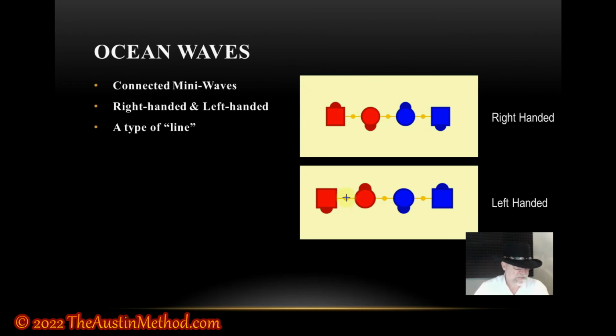This is a left-handed ocean wave because the dancers are connected in their mini waves by left hands. An ocean wave is a type of line, and the way you can recognize a type of line, obviously, is, well, the dancers are in a line, but also because there are centers and ends to the line.